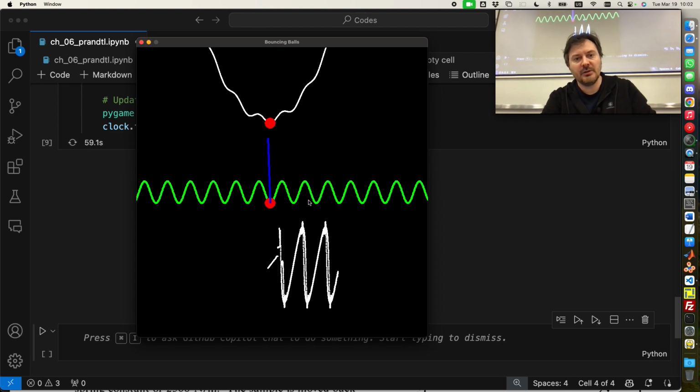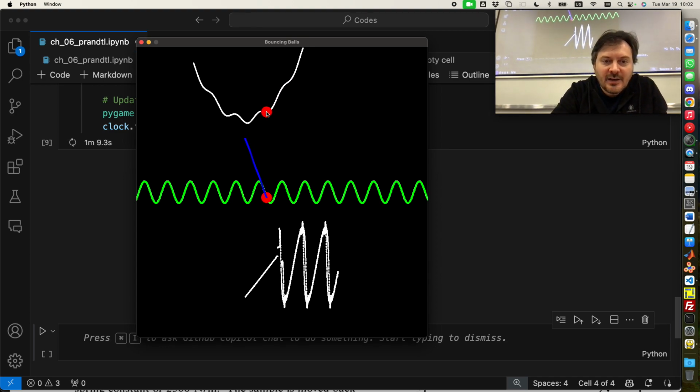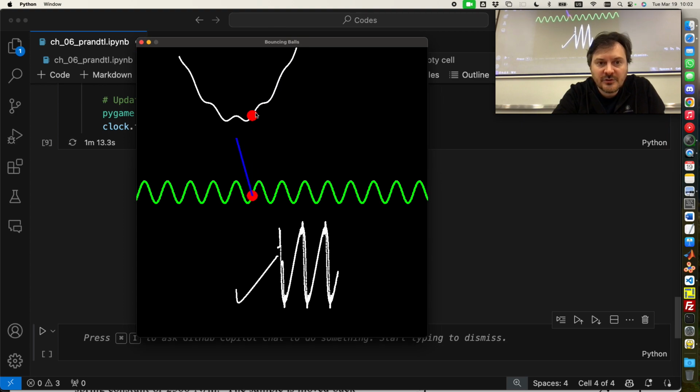And you are pulling, you have to be patient. Do you see how it gets stuck in the total potential and then just slips?